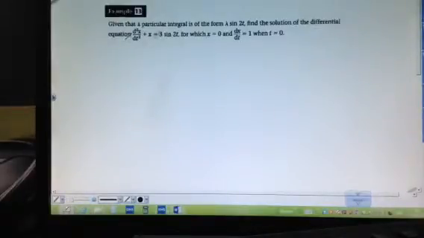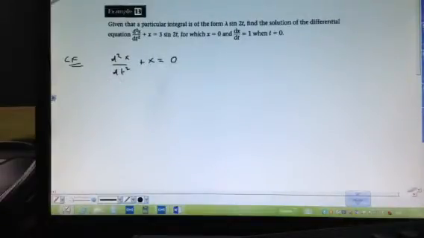the differential equation. Okay, so I'm going to go ahead and find the complementary function, the homogeneous d2x by dt squared plus x is equal to 0.